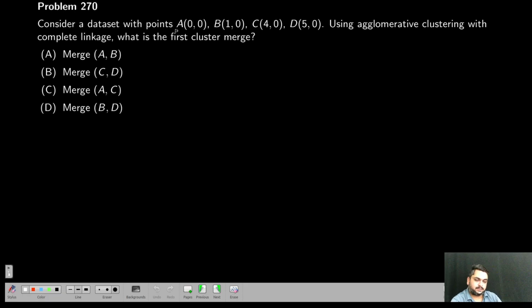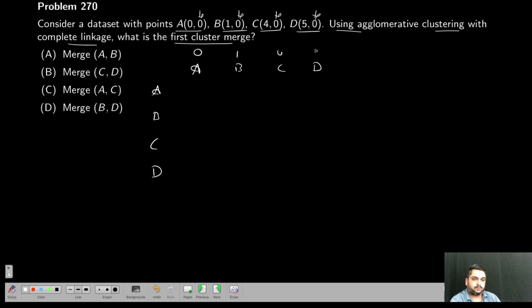Consider a data set with points A(0, 0), B(10), C(40), D(50). Using agglomerative clustering with complete linkage, what is the first cluster merge? So quickly form the table of distance metrics. If you observe, these points are two-dimensional, but every second feature is 0. The second dimension is 0, so I can just convert it into one dimension: 0, 1, 4, and 5.